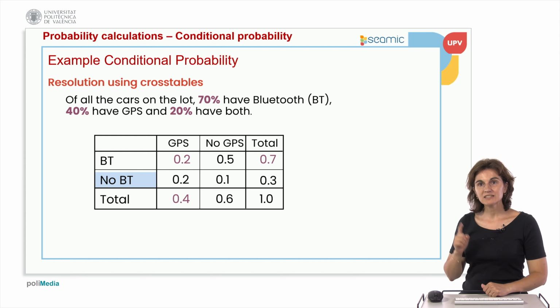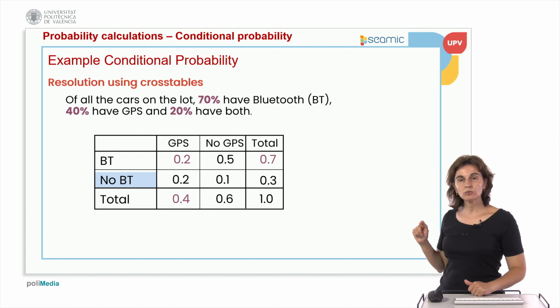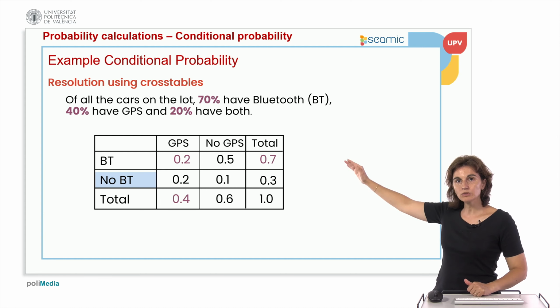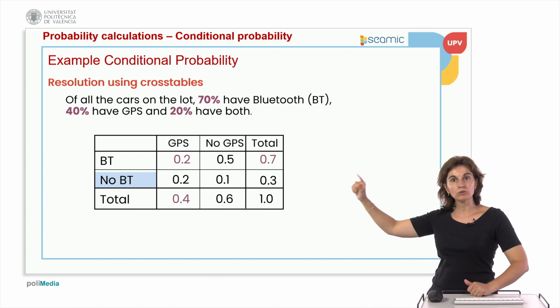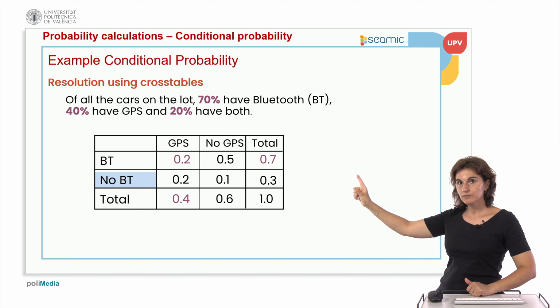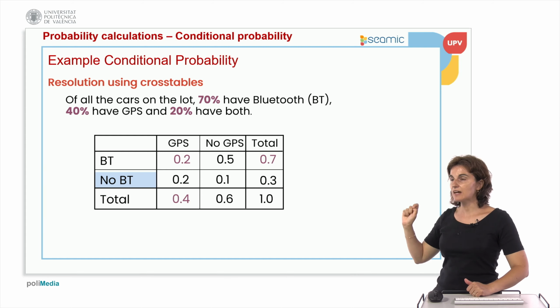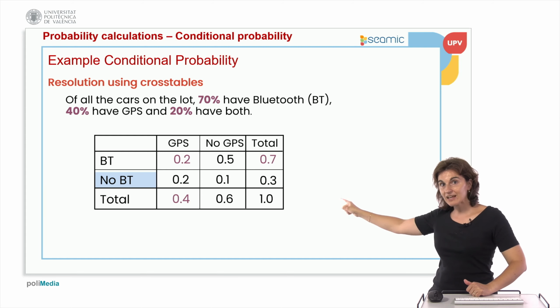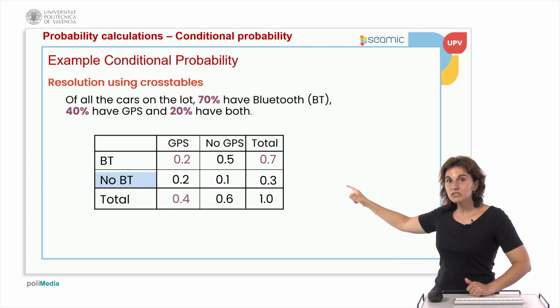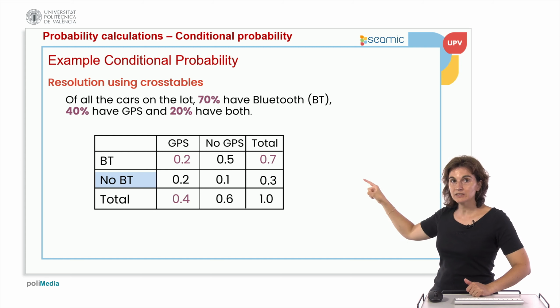We know that 70% of cars have Bluetooth. So you can see that we wrote Bluetooth in rows of this cross table, and we included GPS or no GPS in columns. You may see that at the bottom of the table, in the last cell, we have 1.0. This 1.0 needs to be included always in our tables.